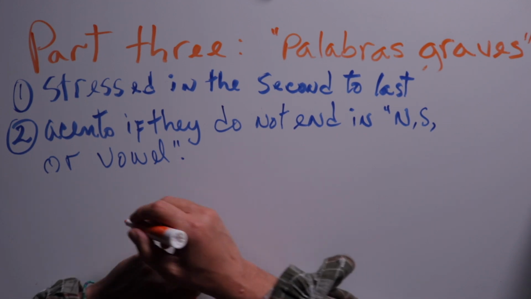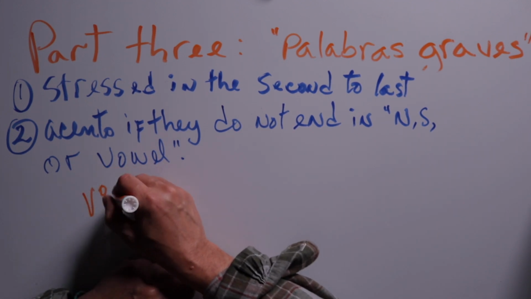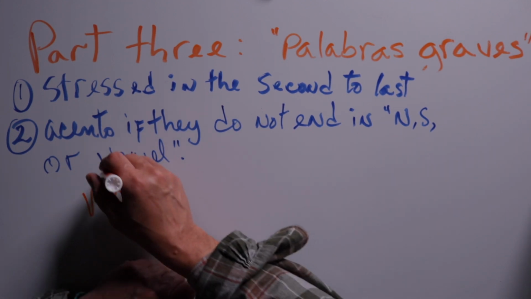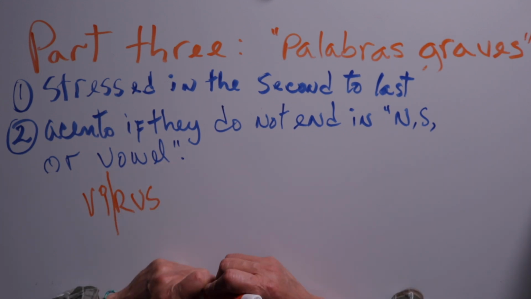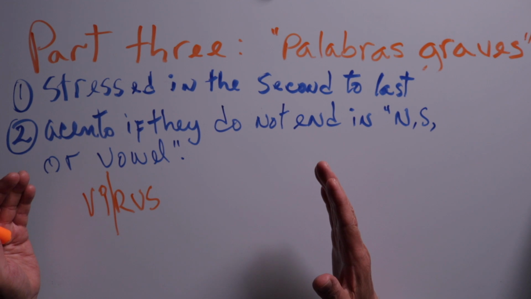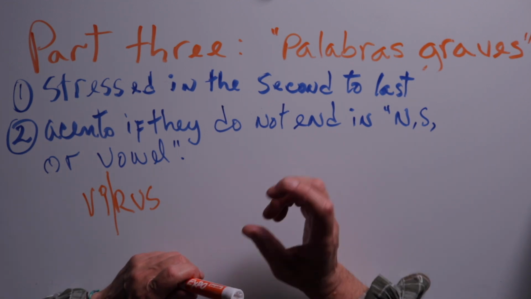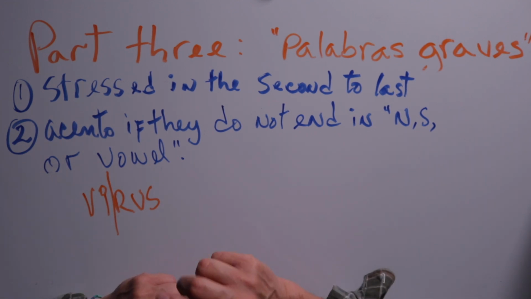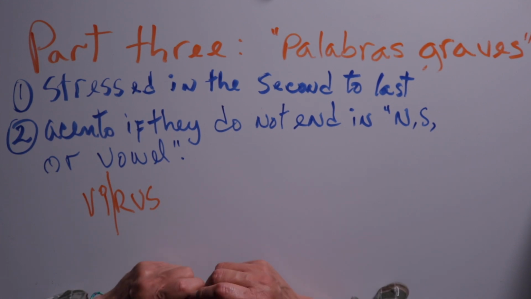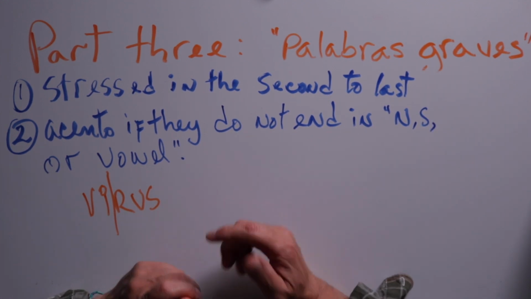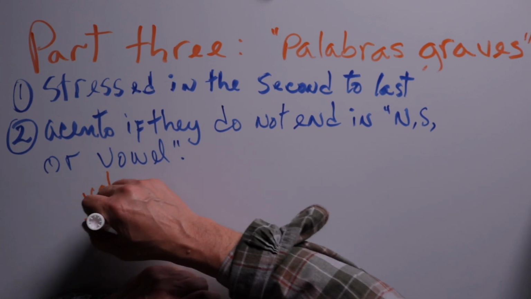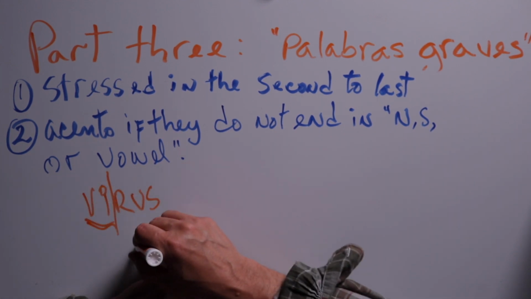Let me give you the word virus, that is very popular right now. Virus. Remember, the stressed syllable is long in Español. The non-stressed syllable is short, so virus. Virus is a grave word. Why? Because it carries the stress in the second to last syllable. Remember, we count backwards.